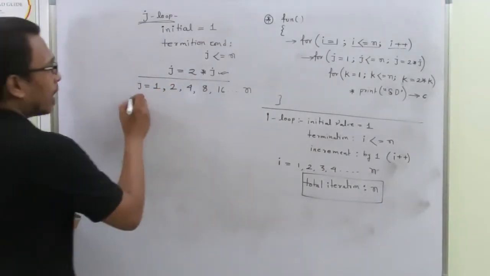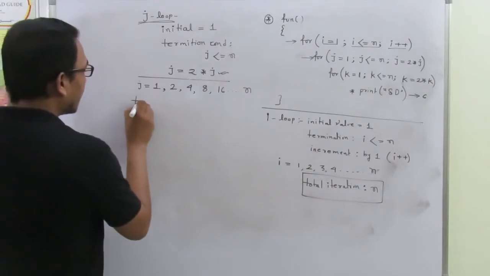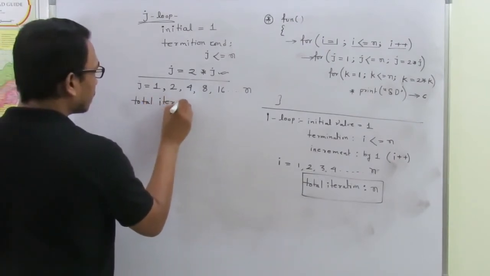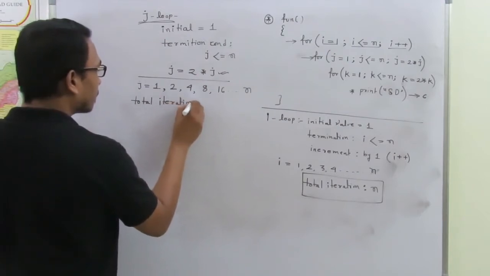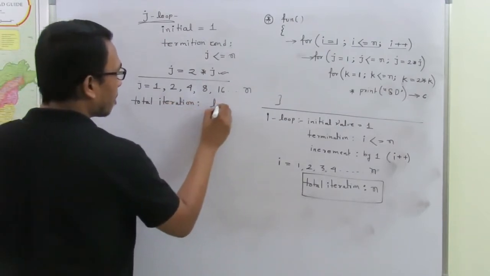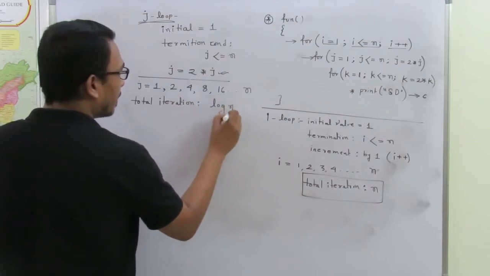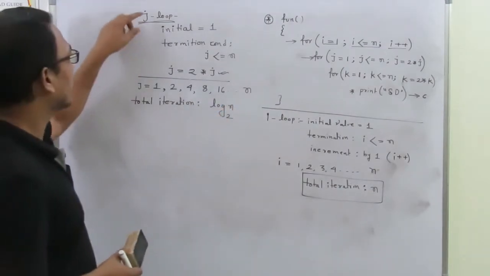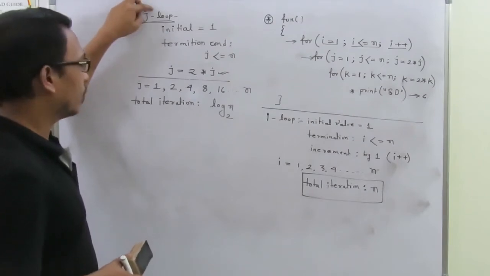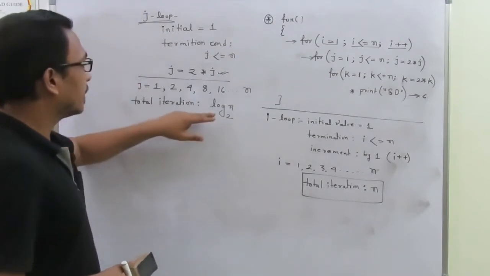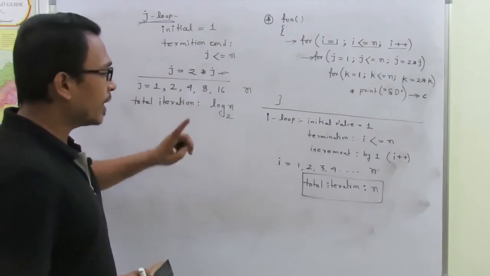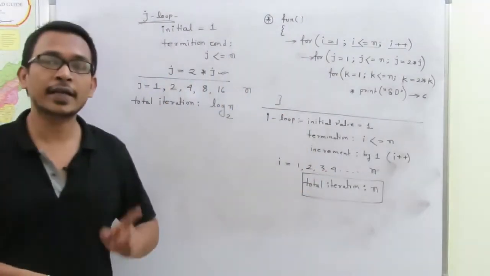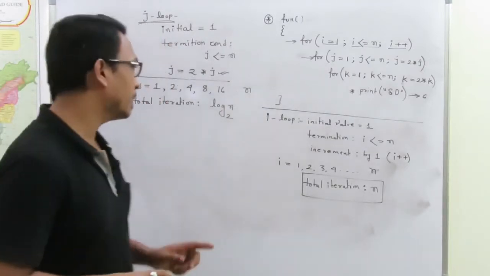So here, how many iterations are there? Total iteration will be log n base 2. These many iterations we have for the j loop, and these many iterations we have for each iteration of i.